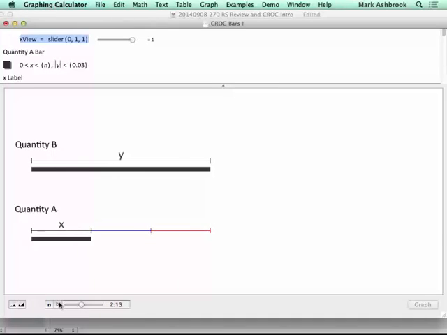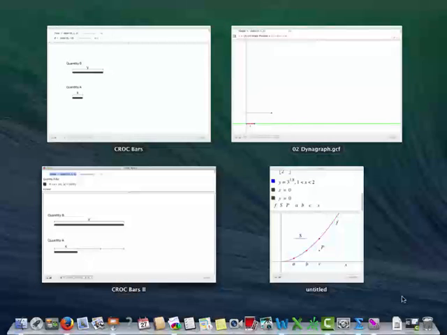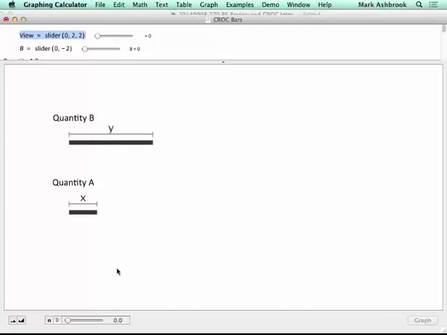Okay, let's look at another one. How about this one? What's the size of quantity b relative to quantity a? Still about 3, right? Looks about 3.